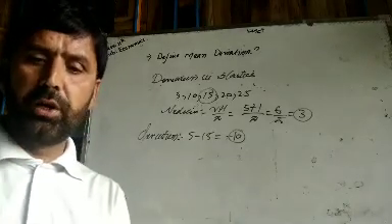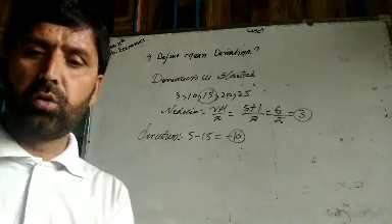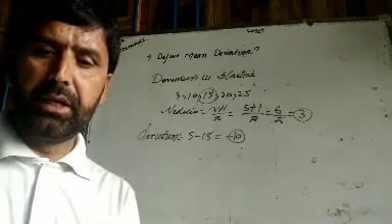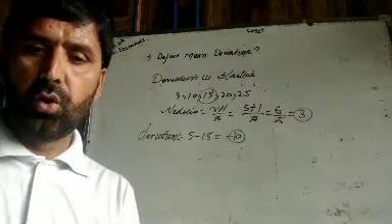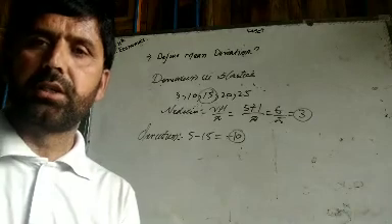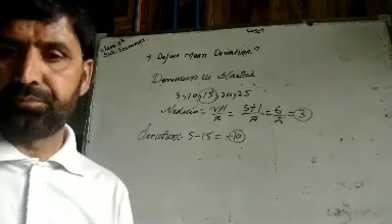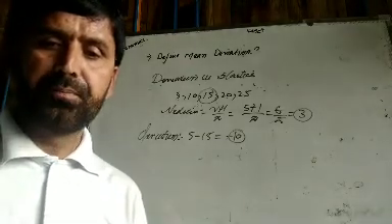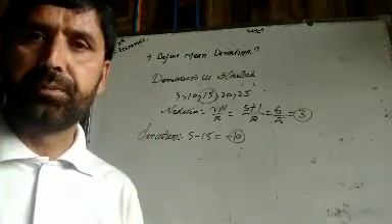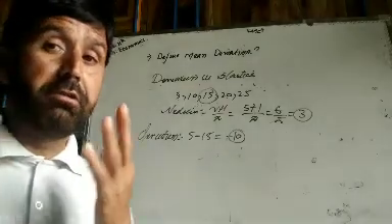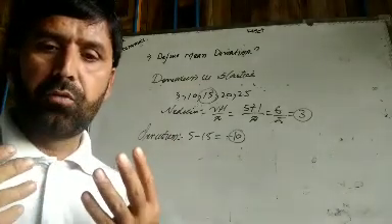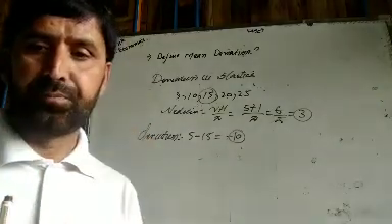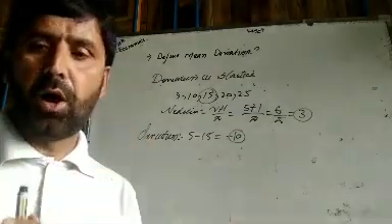Now, dear students, we talk about the mean deviation. Mean deviation is the arithmetic average of deviations of all the values taken from a statistical average: mean, median, or mode.